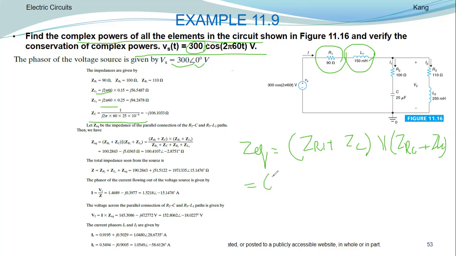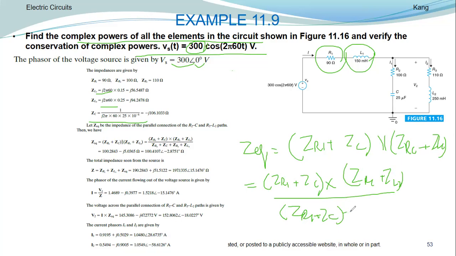So it will be equal to (ZR1 plus ZC) multiplied by (ZR2 plus ZL2), divided by (ZR1 plus ZC plus ZR2 plus ZL2). So this is the value of Z equivalent.